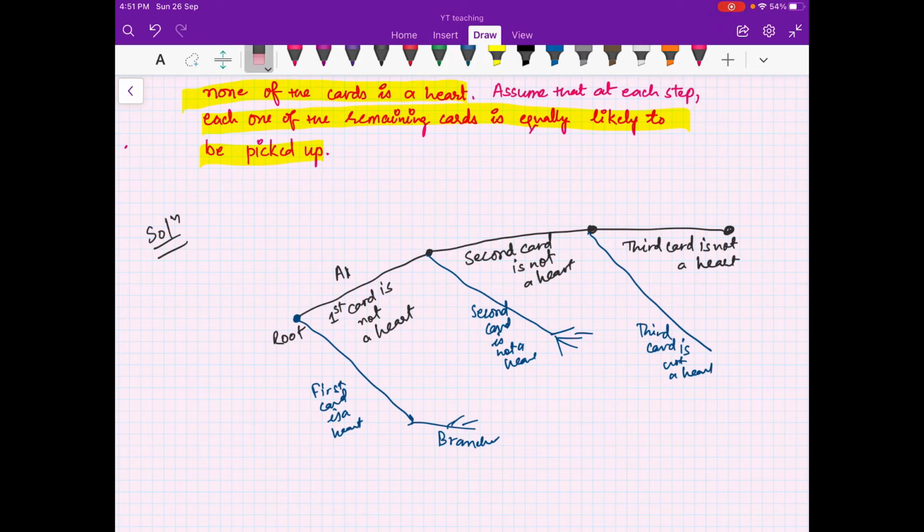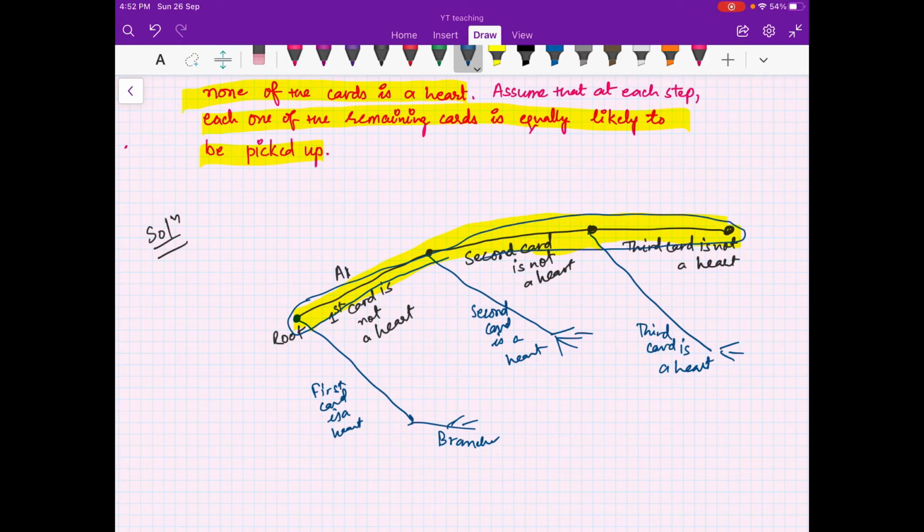Sorry, not, we have already registered, is a heart, here is a heart, and here also that is a heart, right. So you have branches here too, okay, and this is the path we are interested in, so that is why we will always just make this portion of the path. Fine.